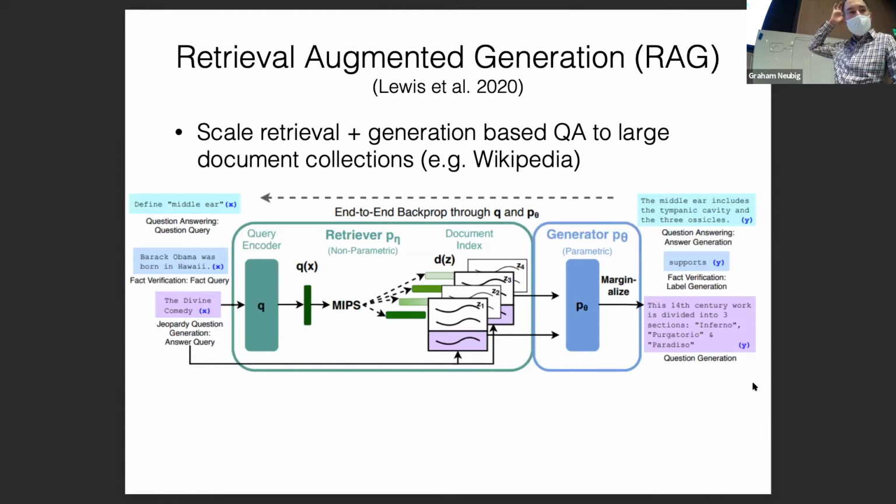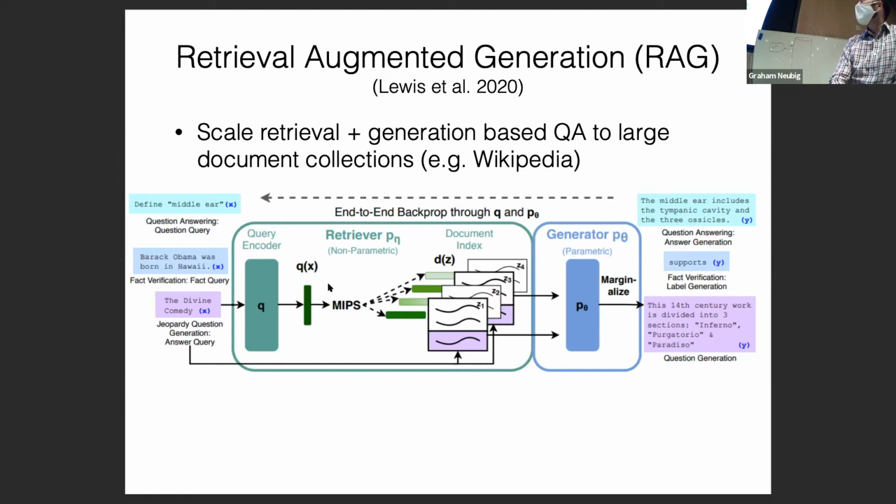To go a little bit into the details about how this model works, it basically has a query encoder where you encode the query that you are trying to look up. You then have a retrieval model. What the retrieval model does is it takes a query, then searches for the nearest document using maximum inner product search. So it's finding the document that is most similar to this query.